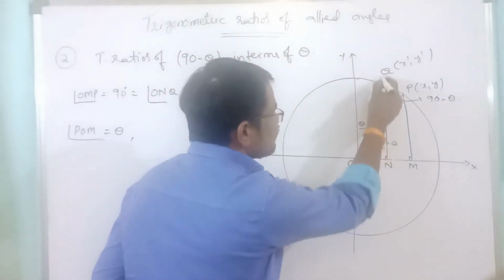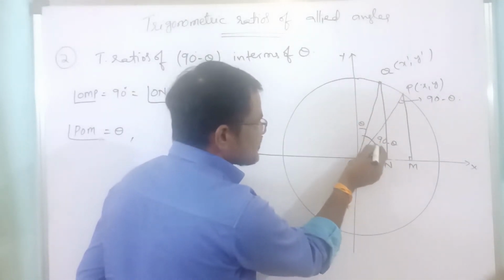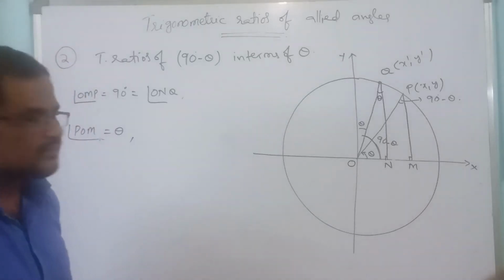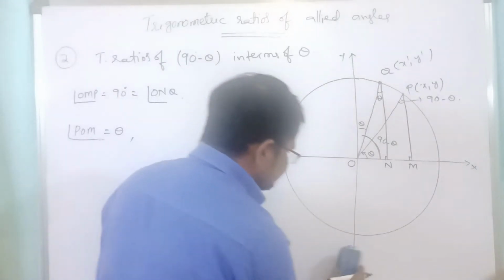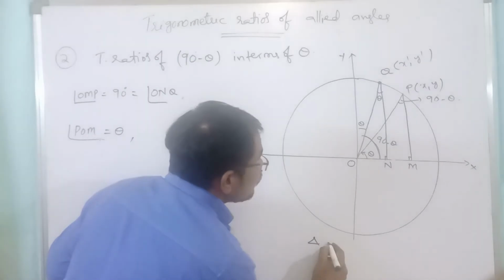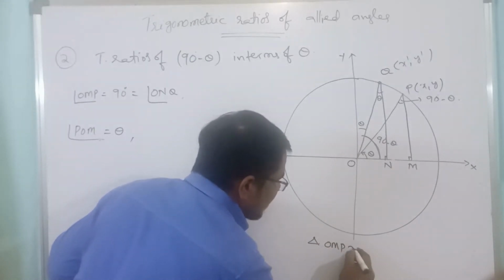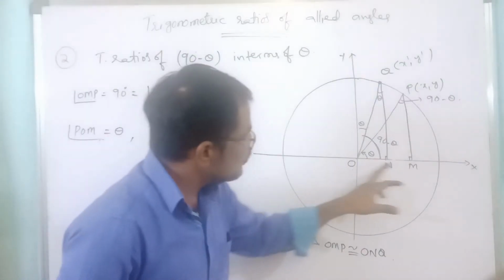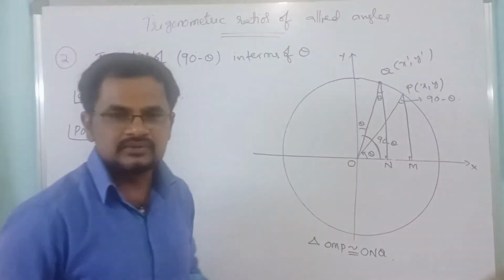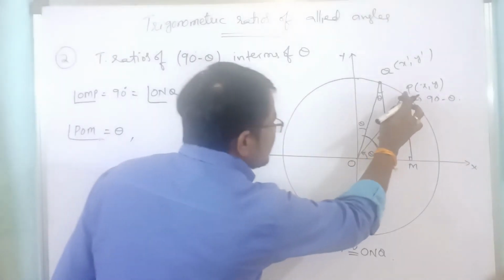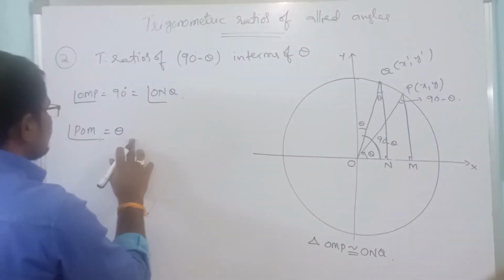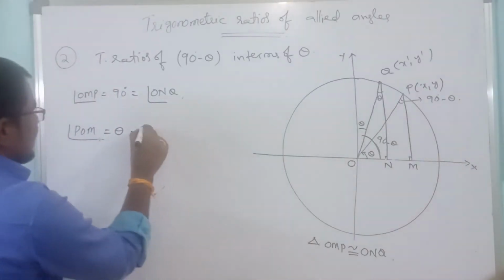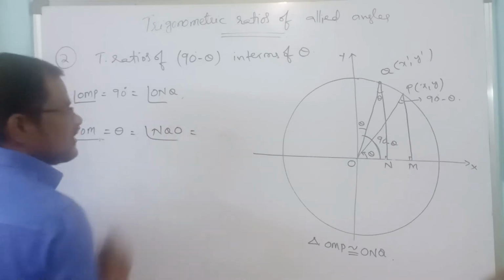From triangle OQN, this is 90 minus theta, this is 90, which means here it is theta, right? Triangle OMP is congruent to triangle ONQ. Angle POM is theta, so angle NQO is also theta only.